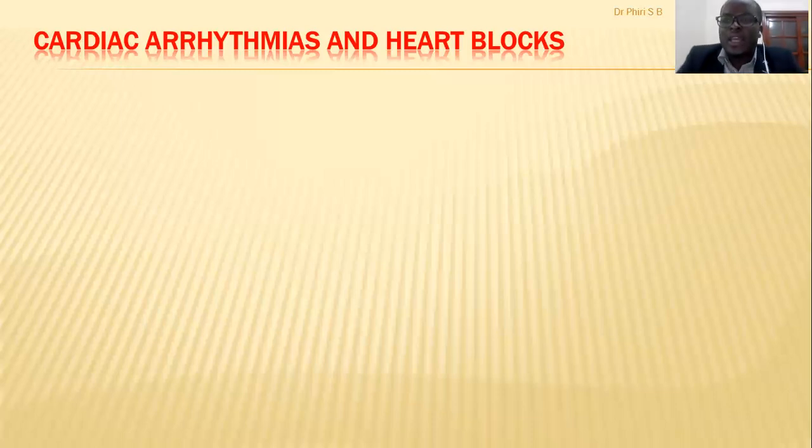So from there, we also discussed the cardiac axis, to which we said for you to know whether it's a normal cardiac axis or abnormal cardiac axis, you need to look at the ECG tracing. So if you check the ECG tracing and you find that your lead 1 wave is mainly positive, then you check lead 2. If your lead 1 is positive and your lead 2 is also positive, then you have the normal cardiac axis.